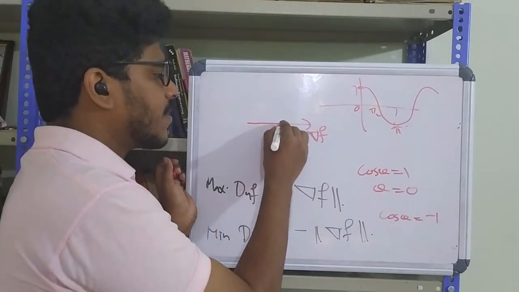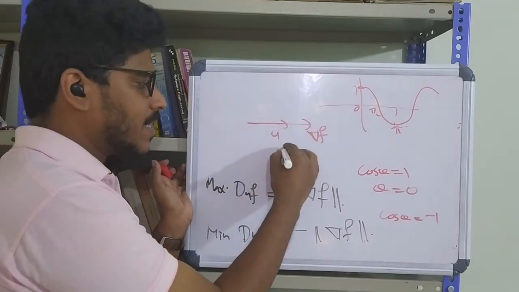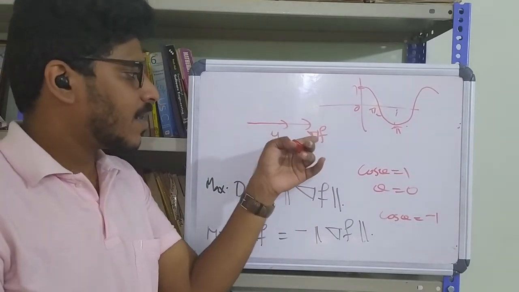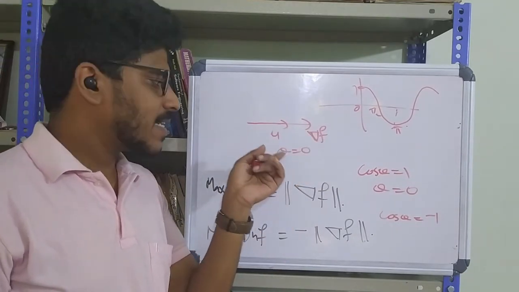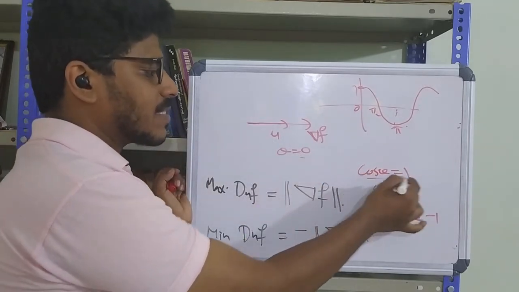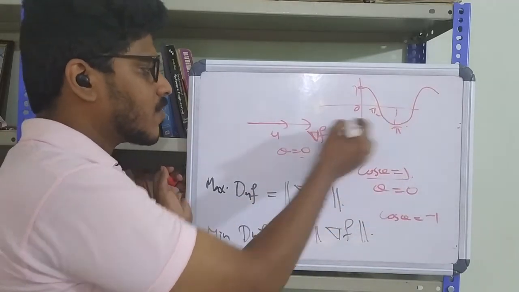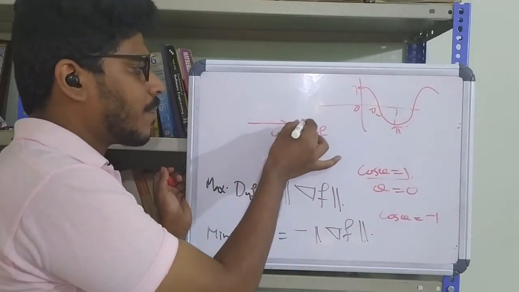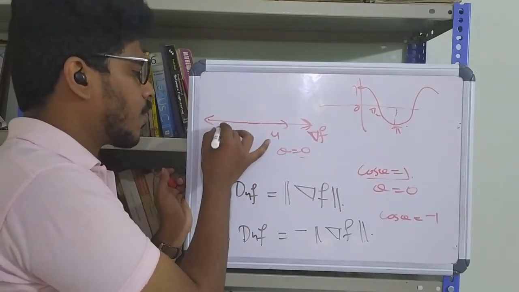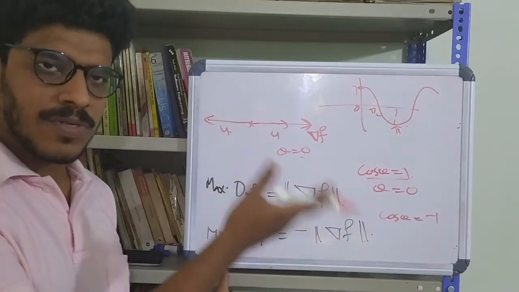So if u is in the same direction, then theta equal to 0. That's what we mean by theta, the angle between grad f and u. So theta is 0 means they are in the same direction, and in that case cos theta is equal to 1, and the maximum value occurs. Theta equal to pi means making an angle of pi with this direction, so u has to be in the opposite direction.